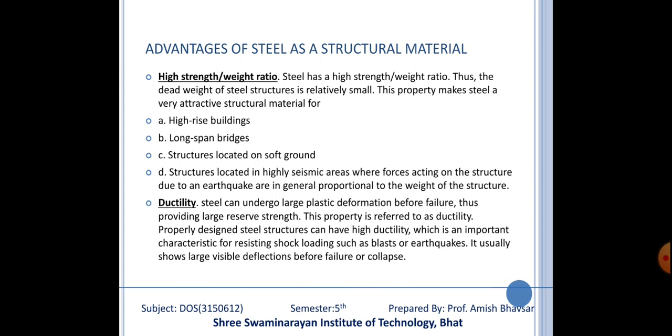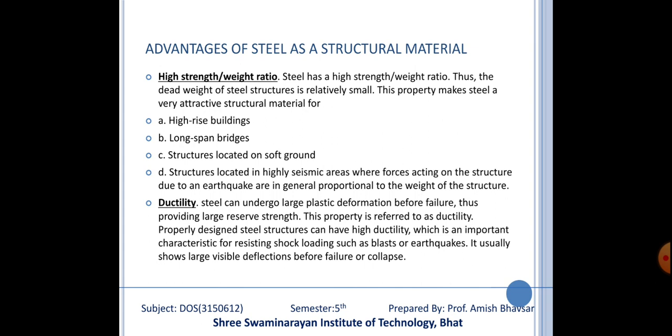This property makes steel a very attractive structural material for high-rise buildings, long span bridges, structures loaded on soft ground, and structures in high seismic areas where the forces acting on a structure due to earthquake are generally proportional to the weight of the structure. Let me explain this thing.